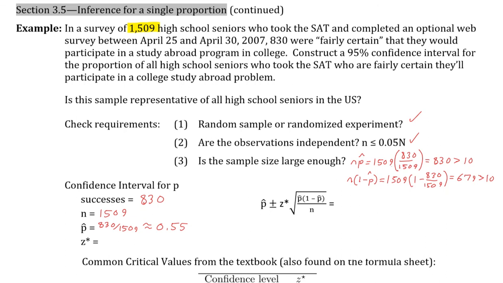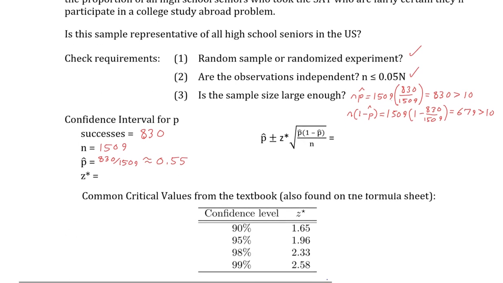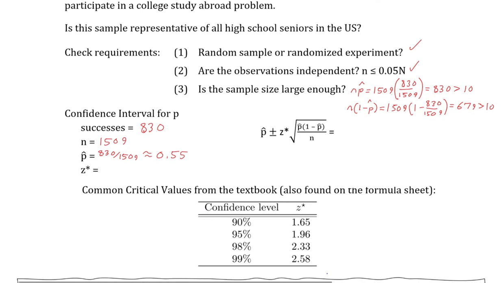And the z-score here is going to be relating to the 95% confidence level indicated in the statement. If we use the table below for common critical values from the textbook, we will find that a 95% confidence level chooses a z-score of 1.96.